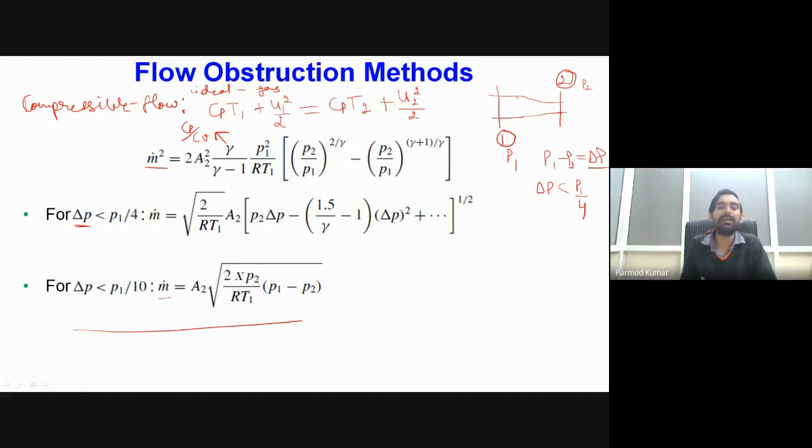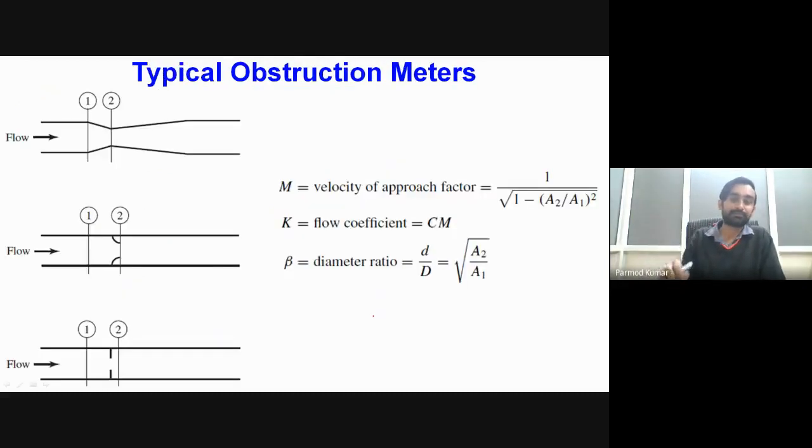So this particular slide represents the relations for measurement of the mass flow rate depending upon the pressure and temperature field, when we consider compressible flow and a fluid following ideal gas behavior. These are the relations available for compressible flow measurements.